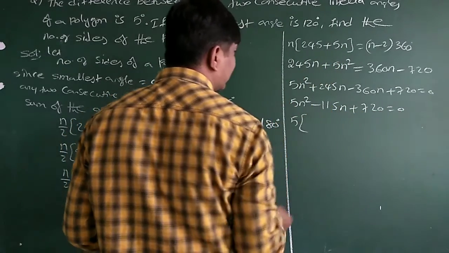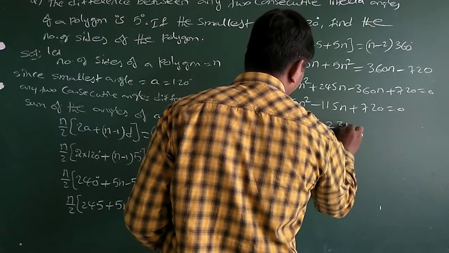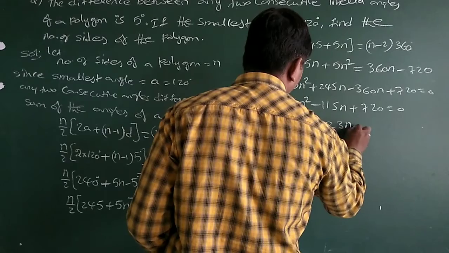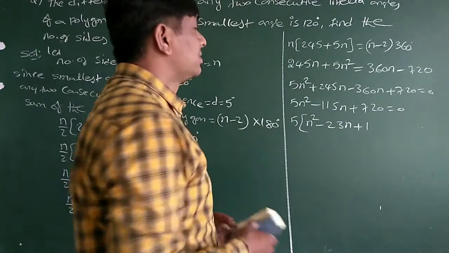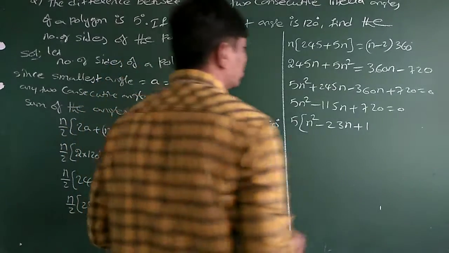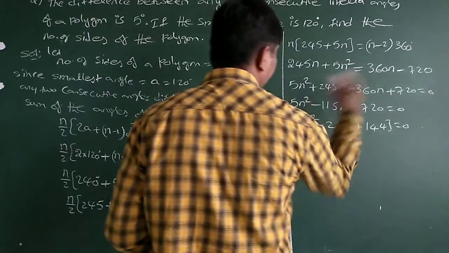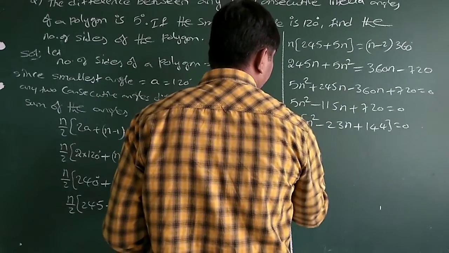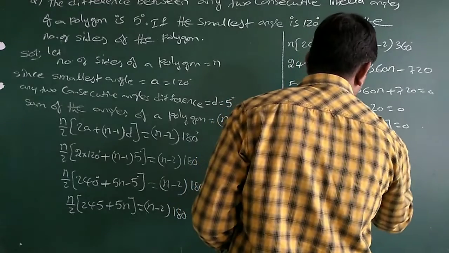I think you will get a 5 common there. n square minus 23n plus 144 is equal to 0, dividing by 5.